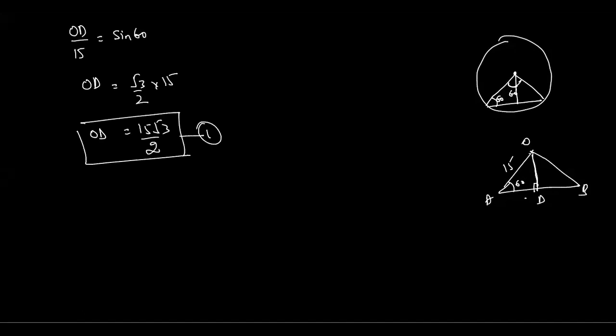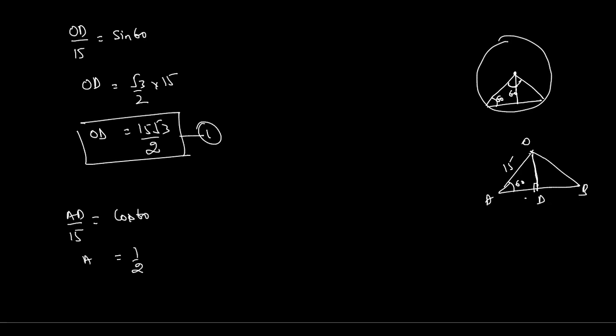Okay, now let's move to the next part. So this is OD, and now you need to find out the value of AB. So you know that AD upon 15 is equal to cos 60, and cos 60 is actually half.